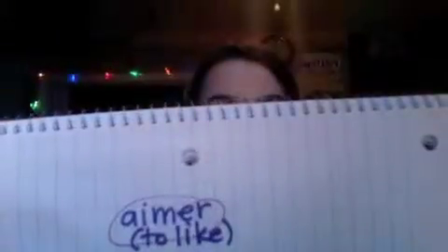So, for the verbs, the way it works is you take your verb such as aimer, which means to like, sort of like to walk, to run, to eat, to drink, to like. So, that is it in the infinitive form.